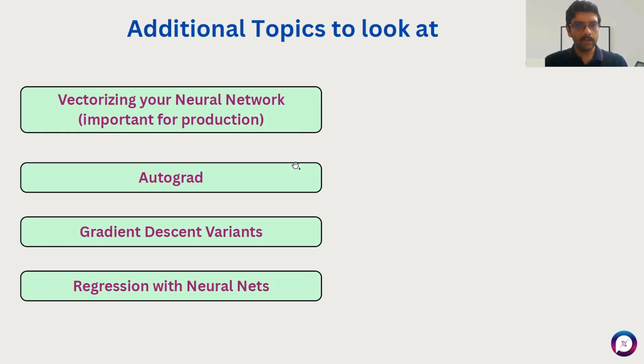How AutoGrad works, we have covered this in a previous course, so you can go check that out. How gradient descent works and what the variants are, we have also covered in a previous course. We'll have a course on more advanced optimization topics for those of you who are interested. And then, of course, we've focused on classification.